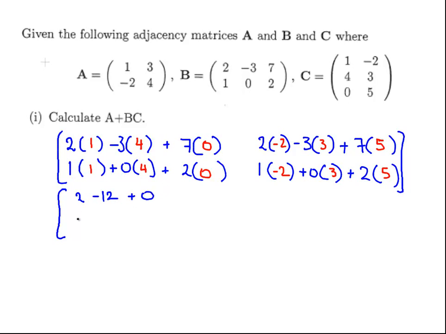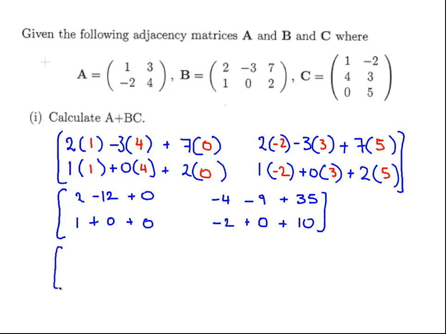Let's do the one underneath. 1 plus 0 times 4, plus 2 times 0 over here, we get 0. The next column: 2 times minus 2, that's minus 4, minus 3 times 3, that's minus 9, plus 7 times 5, that's plus 35. Minus 2, 0, and 10 gives us the last value there.